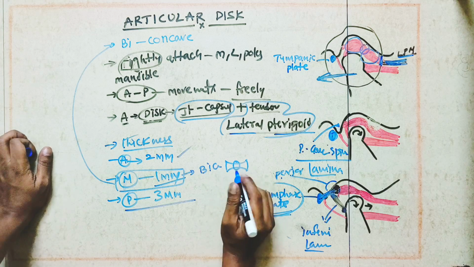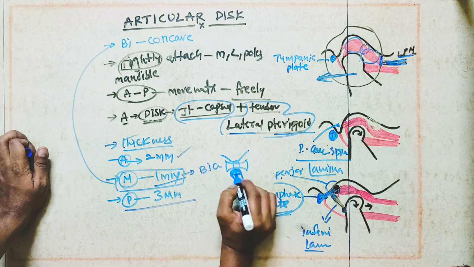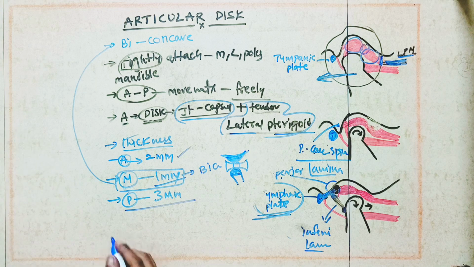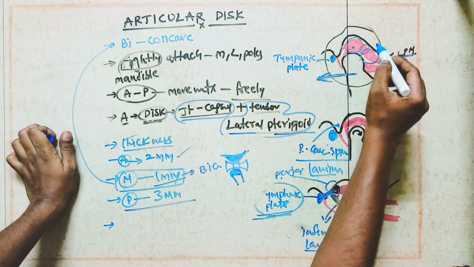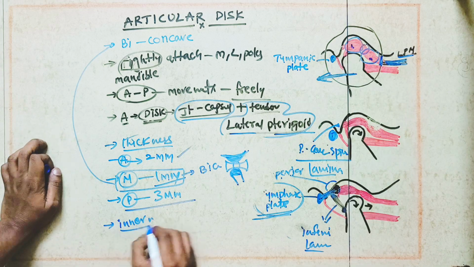Because of this less thickness in the middle portion, it provides good congruence, a good articulation for the condyle of the mandible and the articular eminence of the temporal bone. One more point: the anterior and posterior portions are innervated portions, meaning nerve supply will be there, and at the same time blood supply.